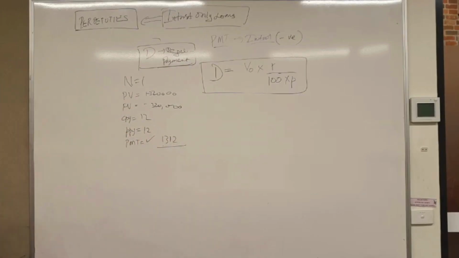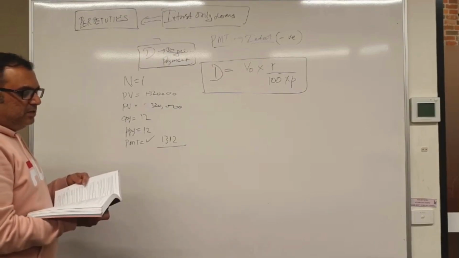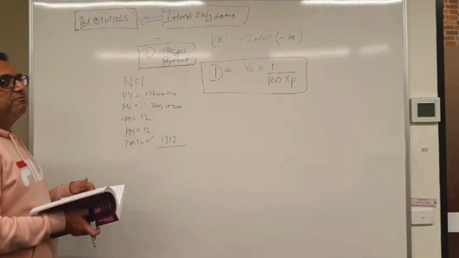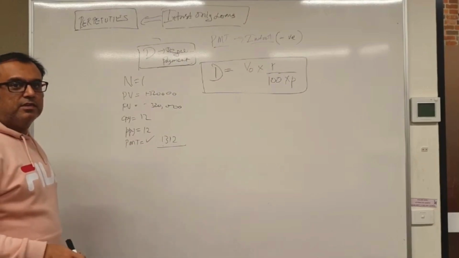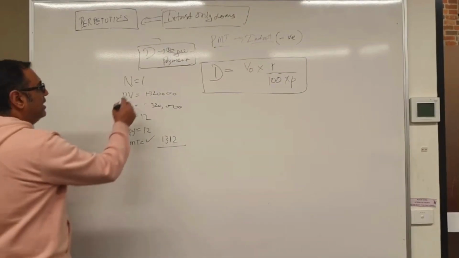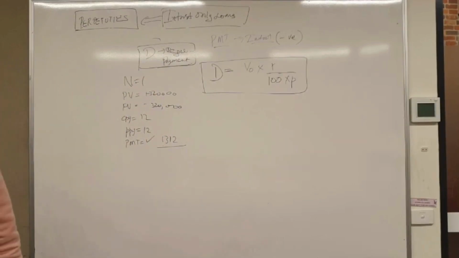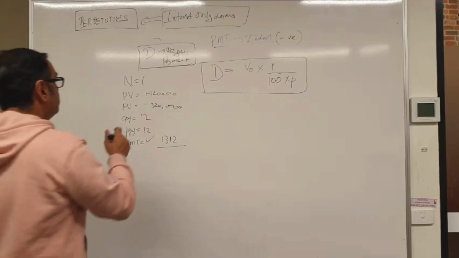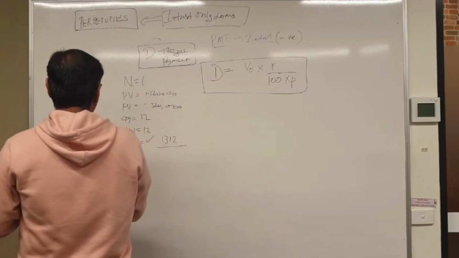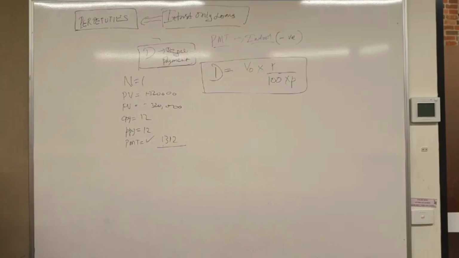Does that make sense? So far, so good. Now you see the trick here. He's just tricked you on top and saying first 5 years. So don't plug N equals to 60 here. Did you do 1 or 60? Did you do 60? Why? If you plug in 1, what do you get? Negative 1,312.